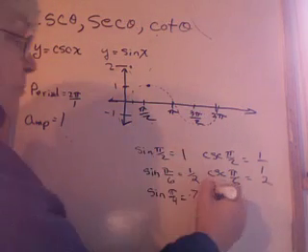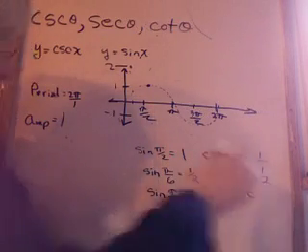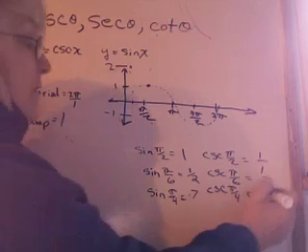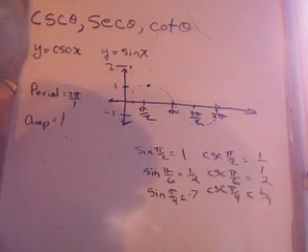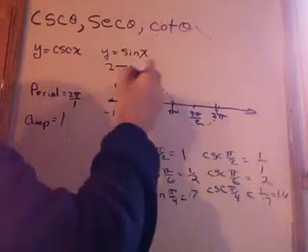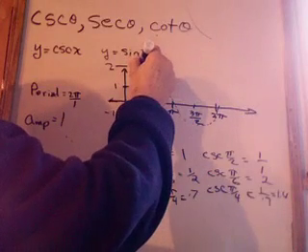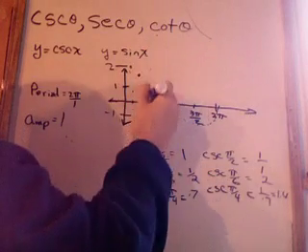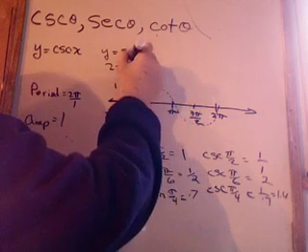So what's the reciprocal of 0.7? 1 over 0.7. You know I don't like that value, but about 1.4. So 1.4. All right. And now I have that graph here.